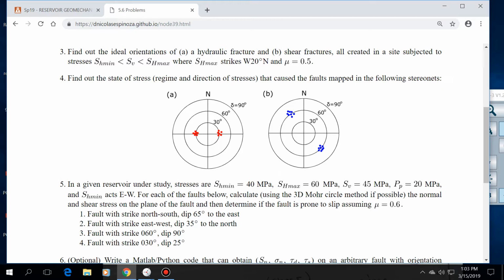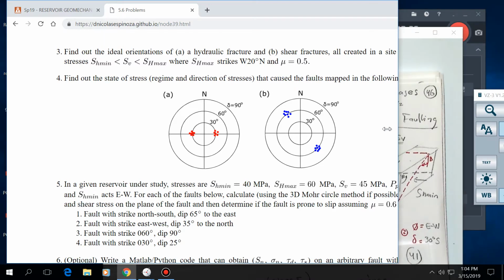I prefer to interpret as soon as I see the points, look at the faults, and after I see the faults, I can tell what's going on. So my question to you is, how do you determine the direction of stresses after you determine the regime on the steepness? That's the disconnect I have. I know that the first one is reverse faulting and the second one is normal, but I don't know the directions easily.